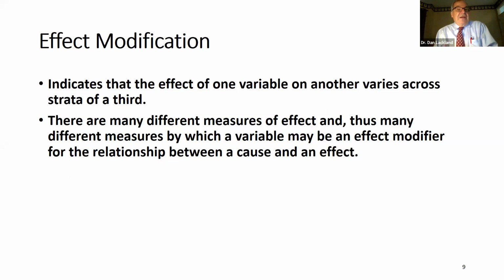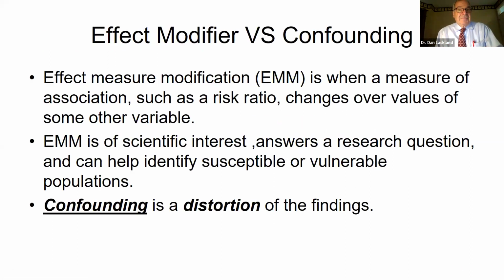There's also the effect modifier, and there are different measures of effect. You may have a parameter, a condition, or an exposure that is actually functioning as an effect modifier for the outcome, something that you want to study and investigate. A little bit different.